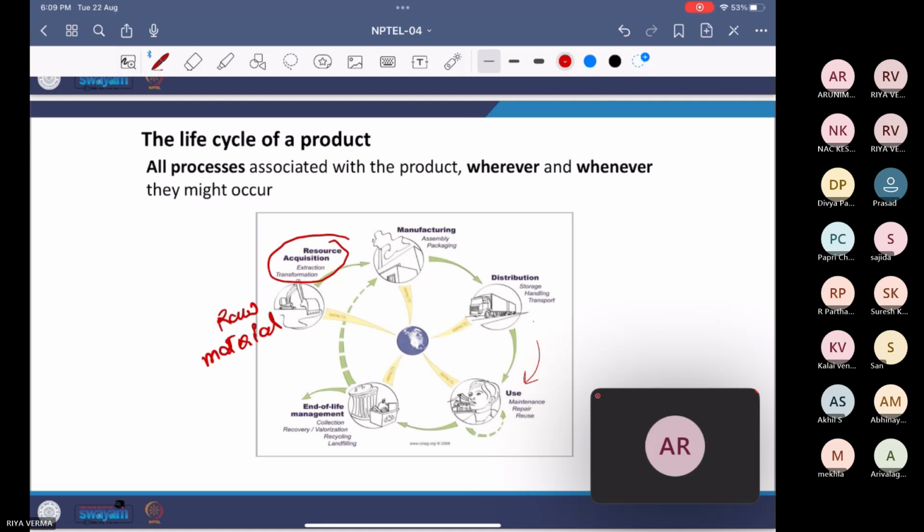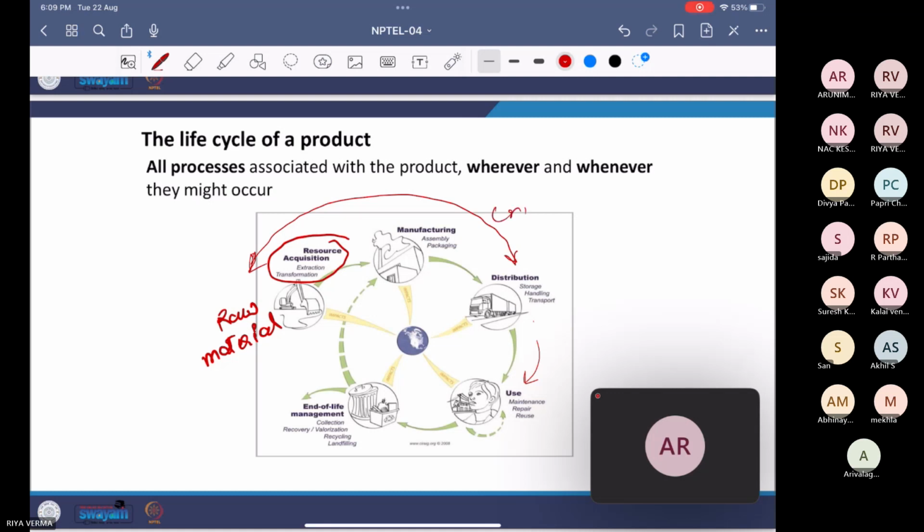Here, collection, recovery, valorization, recycling, and landfilling are performed. So this is the whole life cycle of a product. And when we are concerned about only the part from raw material extraction to distribution, then it is known as cradle to gate.